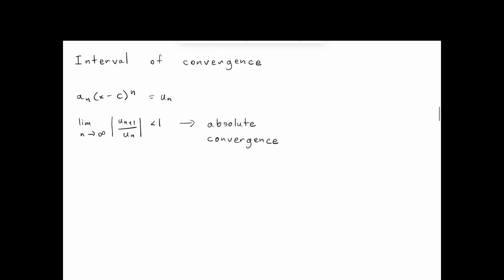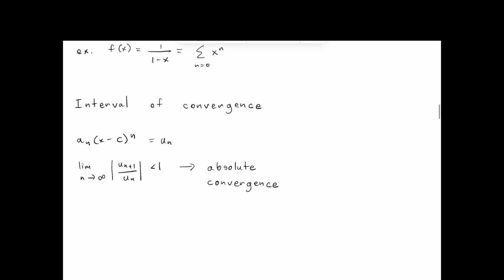And this doesn't necessarily address the borders, or the cutoffs of the interval, but you can individually plug in those values and see the convergence or lack thereof at those particular points.